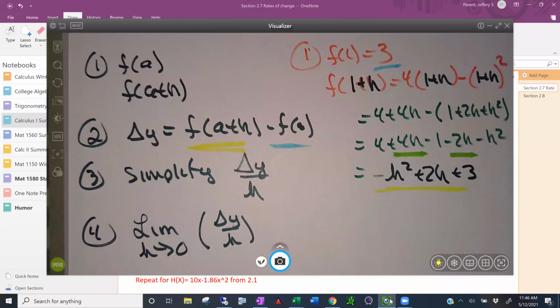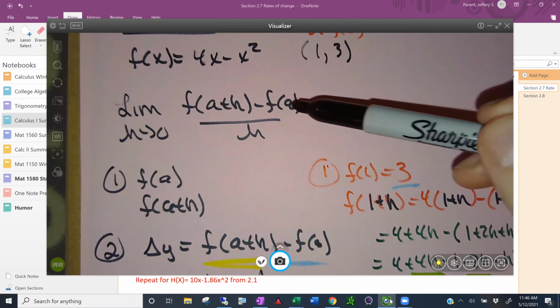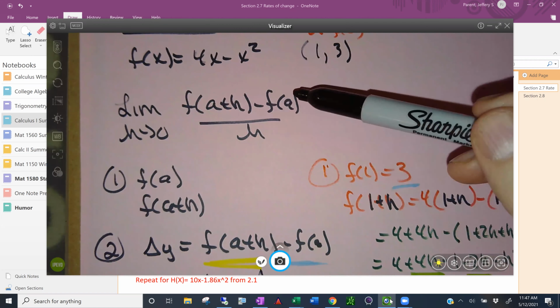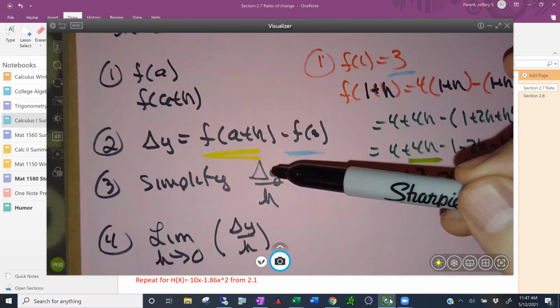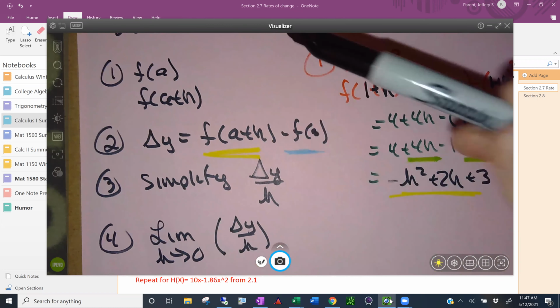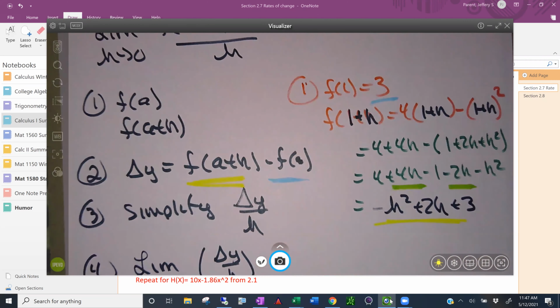So let's do that for delta y. All I'm doing really is just breaking this calculation up into a bunch of steps. We calculated both pieces in the numerator and then we subtracted. That's our delta y. Then we're going to divide by h. You should get some simplification. Then we're going to take our limit. But it just puts us into small steps that you can chunk and work your way through these problems.